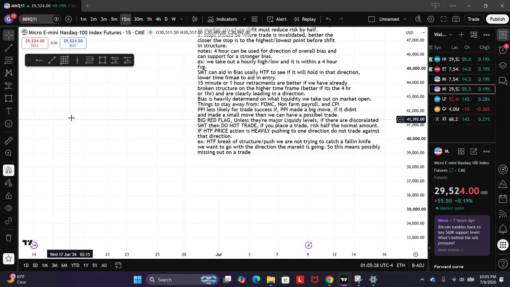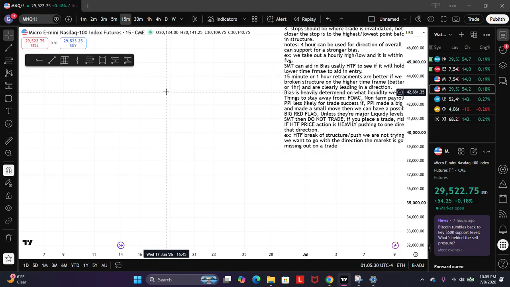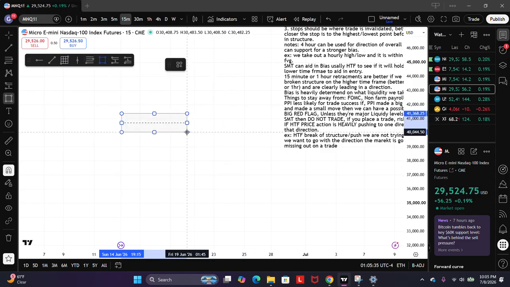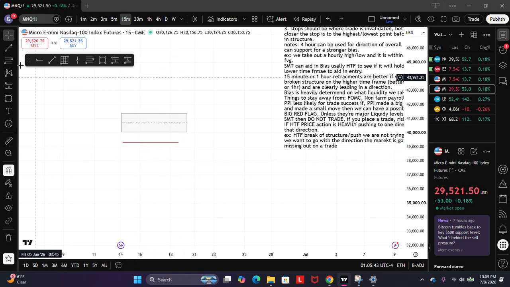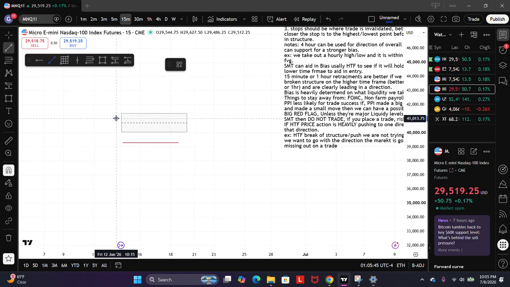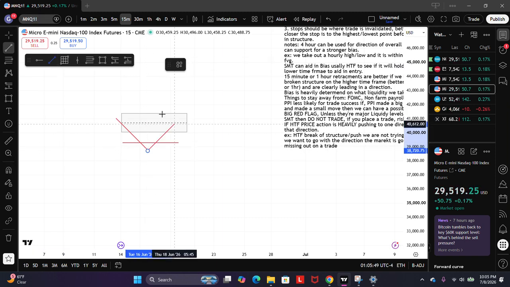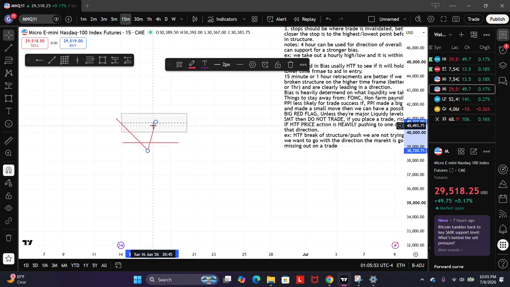But if the market is going down in the hourly example and we take out this level, we're only going to go to rebalance stuff.